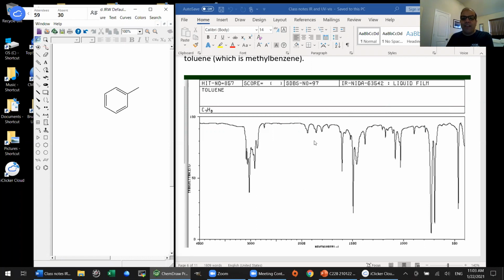Those represent overtones, actually. They're overtones of other peaks elsewhere in the spectrum, in the same sense that you can get overtones in sound. Those of you who play a brass instrument know very well about overtones. If you play guitar or violin or something like that, you also understand about overtones, harmonics.